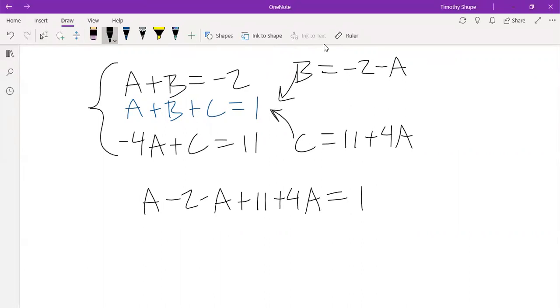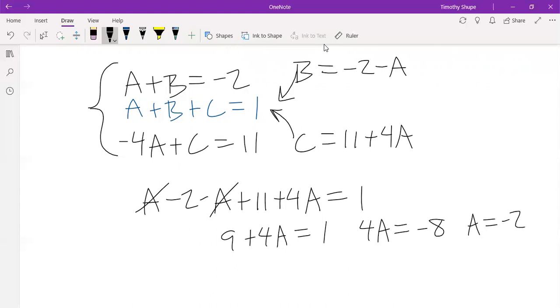So if I simplify that all down, this A and this A are going to subtract out. I get -2 plus 11 is a positive 9, plus 4A is equal to a positive 1. And that means 4A is going to equal a -8 if I subtract out the 9. And then divide that off, I get A equals a -2. So that's one value that I need to work with.